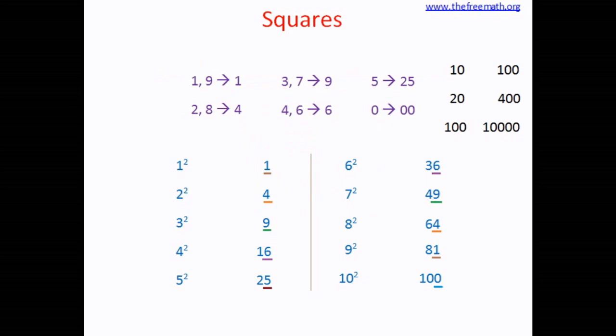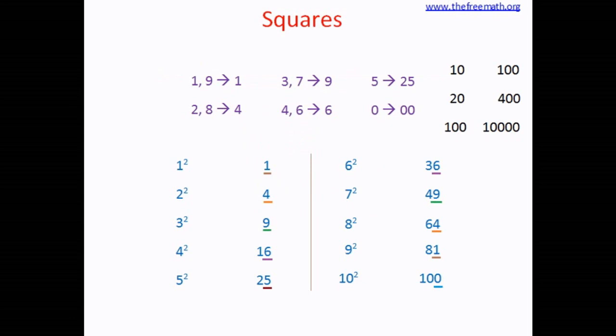That means you can see that in 20 there is 1 zero, but in 400 there are 2 zeros. In 100 there are 2 zeros, and in 10,000 there are 4 zeros. These are some of the things which would be helpful to you to do mental math or to check if your answer is correct or not.